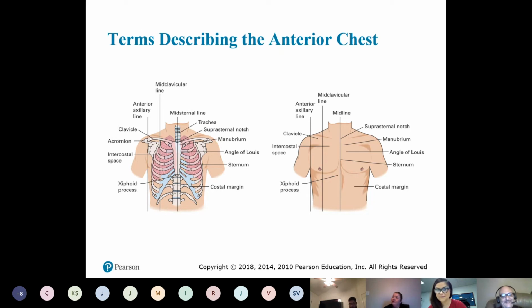All right. So I talked about the clavicle. The acromion, you don't really need to know about the acromion. That's just part of the scapula. The suprasternal notch, that's getting a little bit too much.